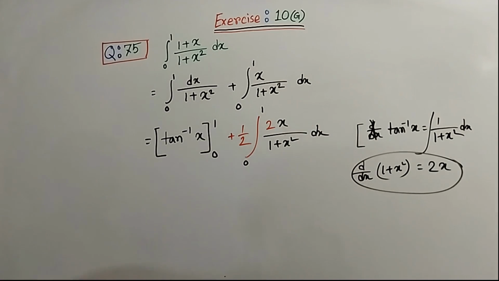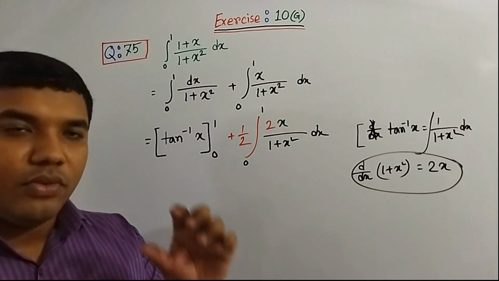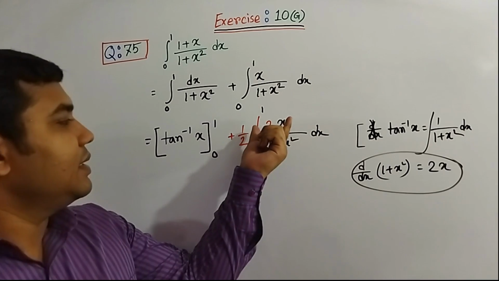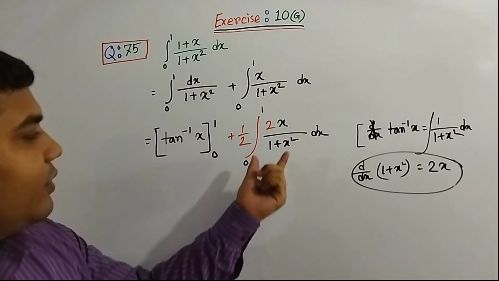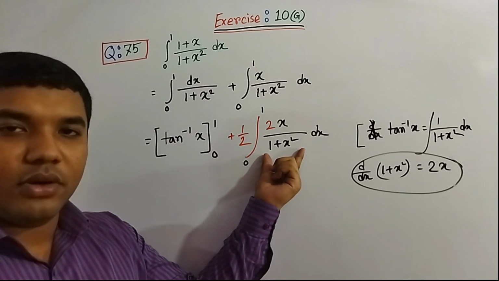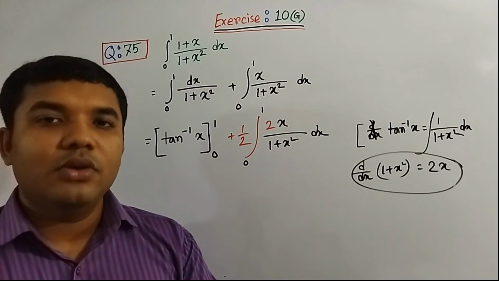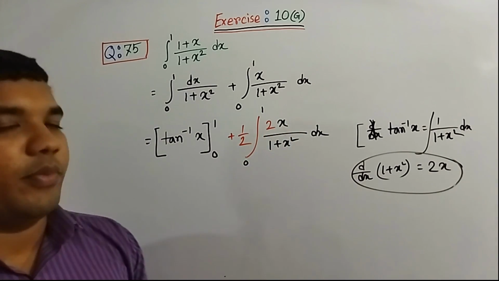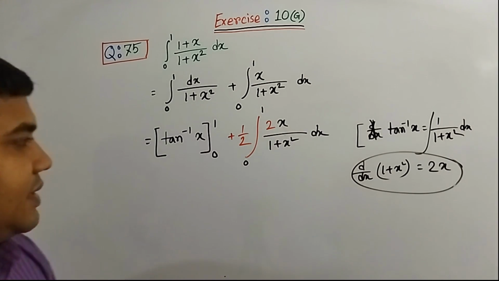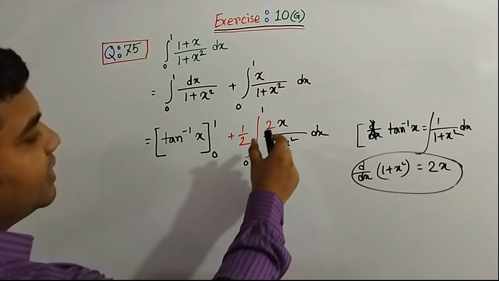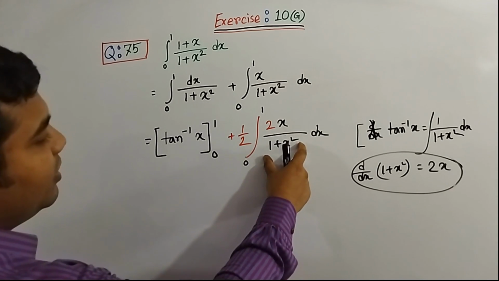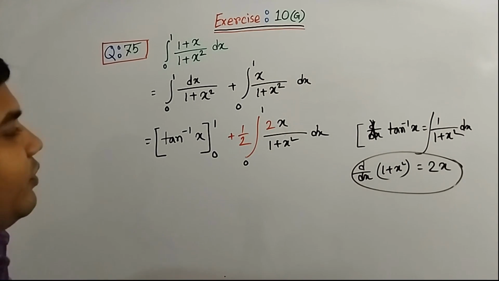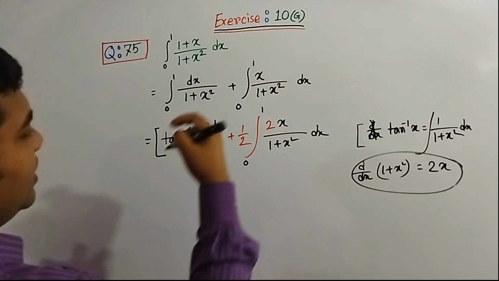What is happening here? We are trying to make the derivative of the denominator appear as the numerator, so that if we differentiate this denominator, we get the numerator. So what is the benefit of it? Exactly, you can understand. We know that if after differentiating the denominator we get the numerator, then it is ln of the denominator.